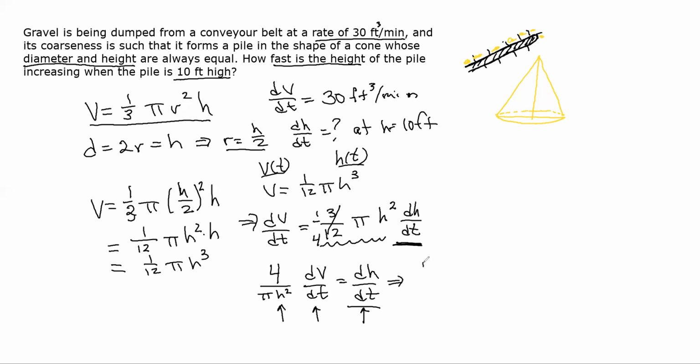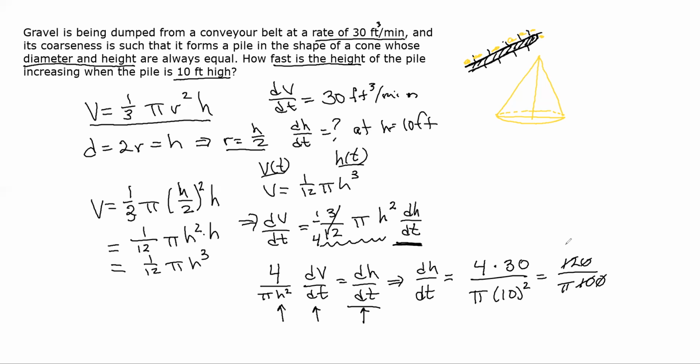So our dh dt becomes 4 times 30 over pi times 10 squared. We can simplify this. We can get rid of a 10, and then also the 10 goes into 12.